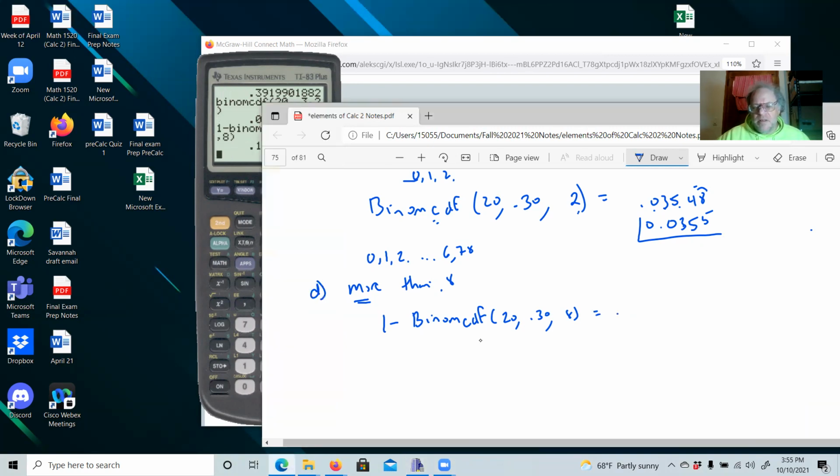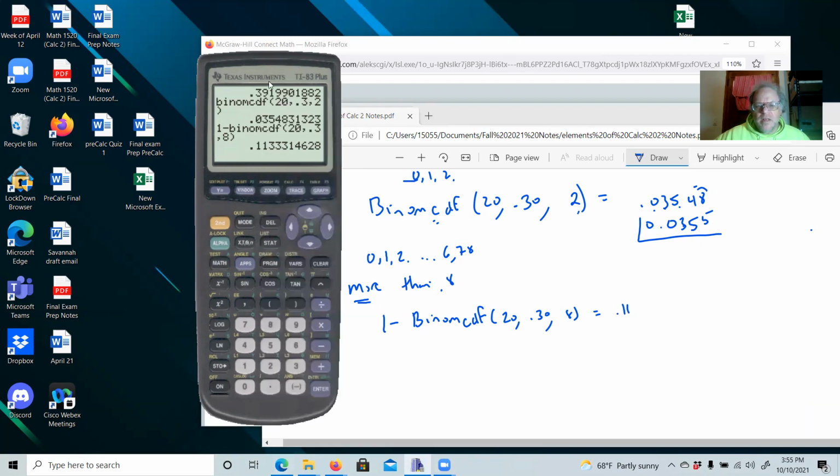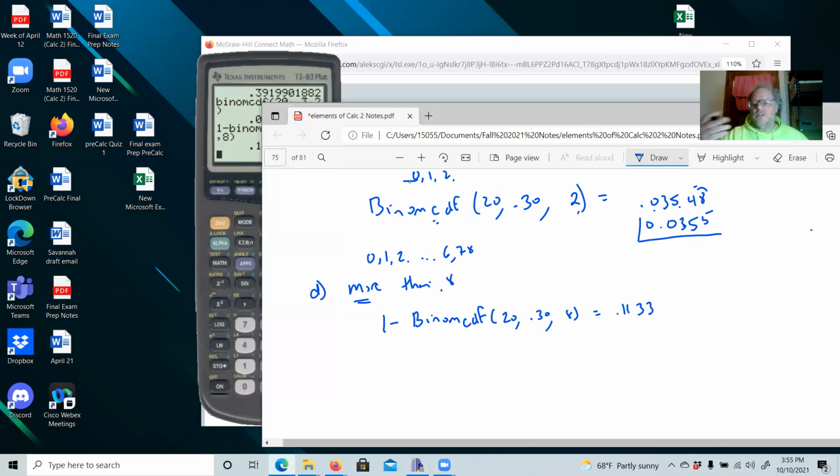And we ended up with 0.1133. So in this case, it'd be 11.3%, about 11% that more than 8 people are going to have hypertension in this country.